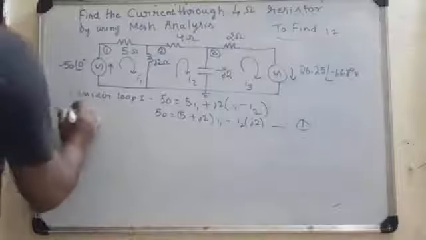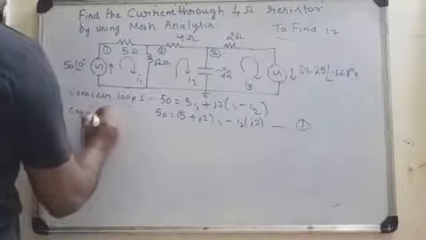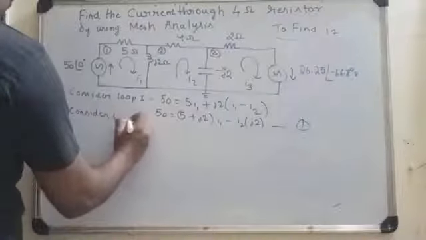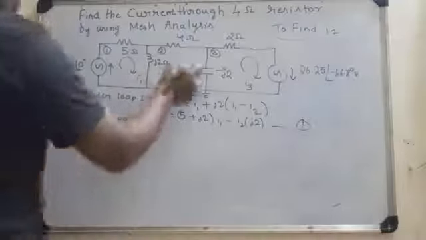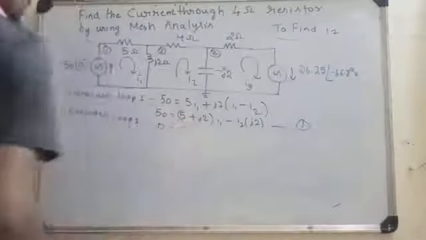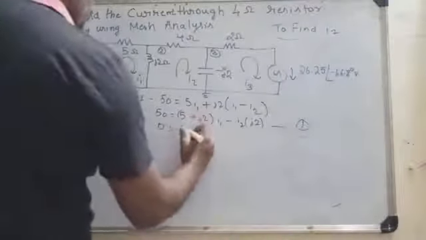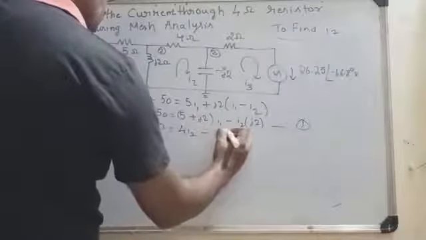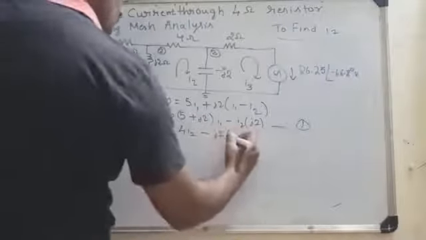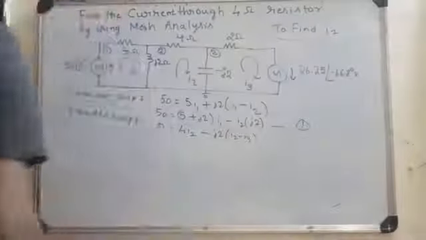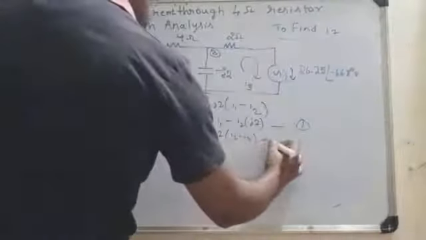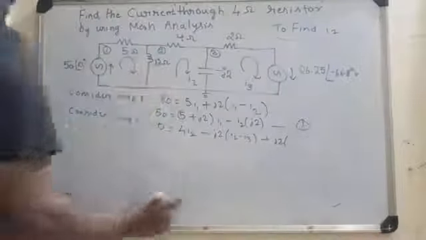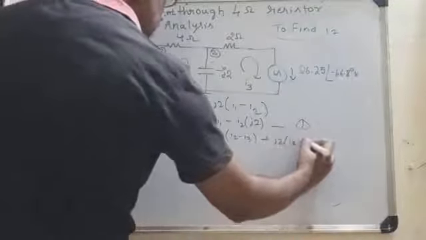Next, consider loop 2. There is no voltage source here, so 0 equals 4 I2 minus j2 into (I2 minus I3) plus j2 into (I2 minus I1).